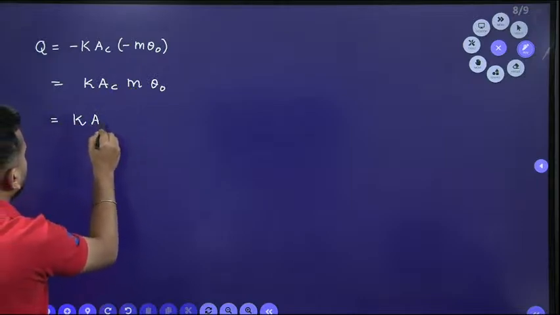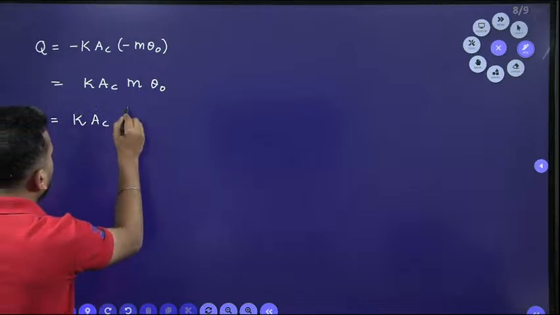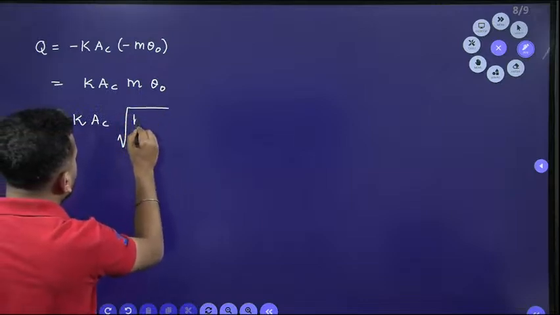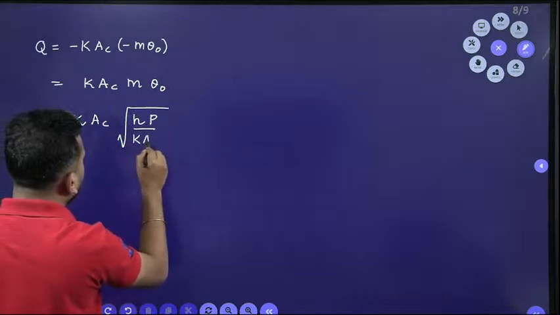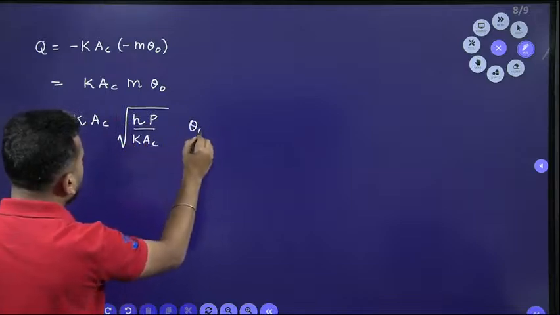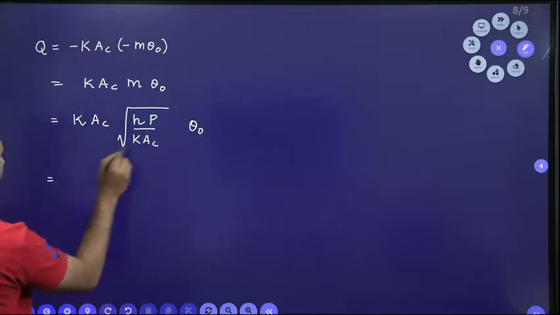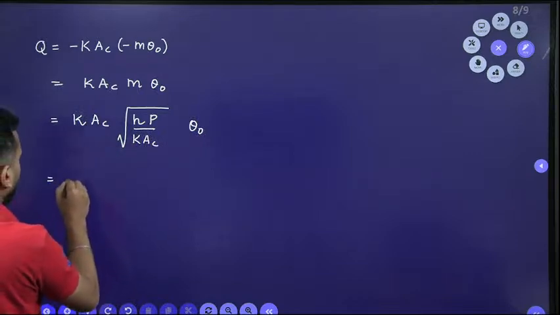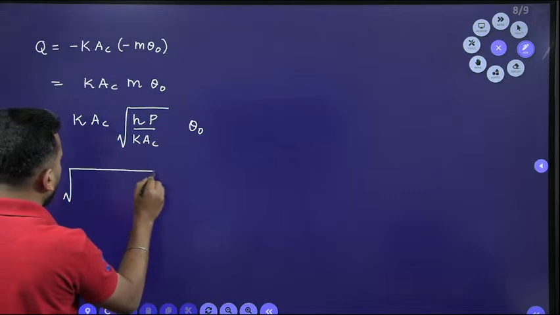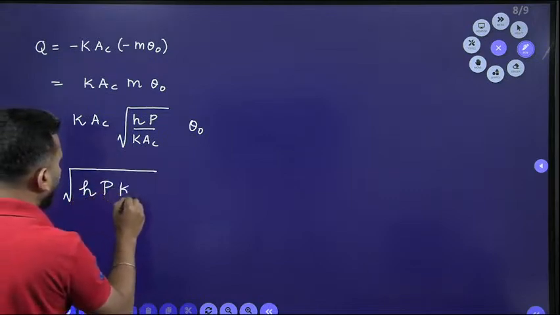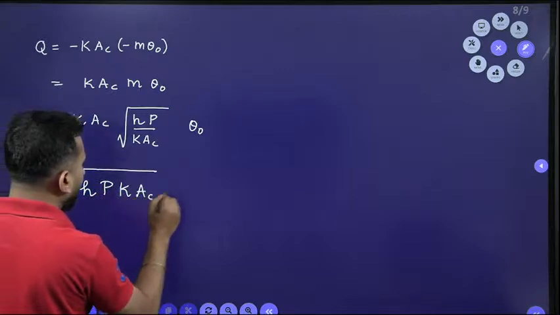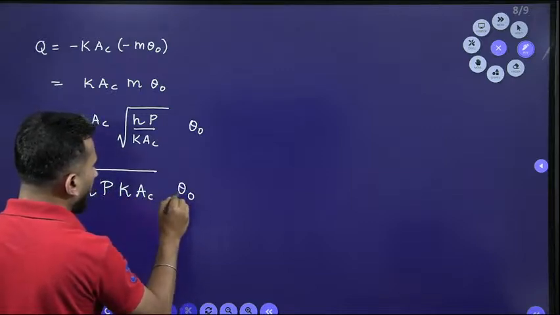M is root over hP by k AC into theta naught. So I think we can simplify this, and we will be left with hP, k AC and theta naught. What is theta naught?